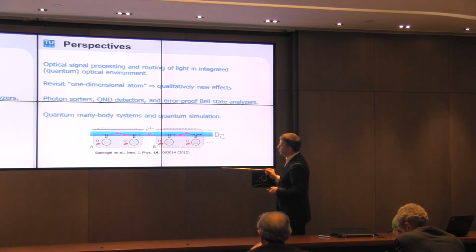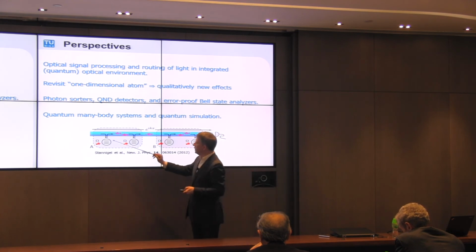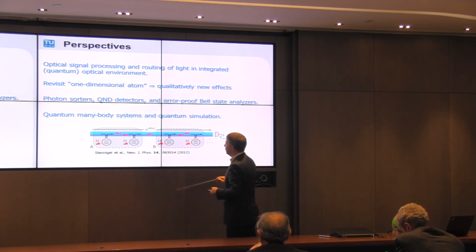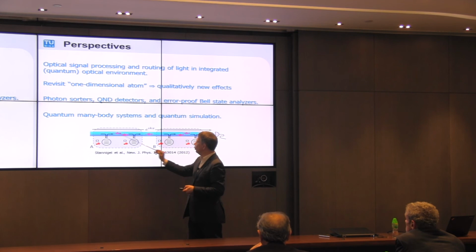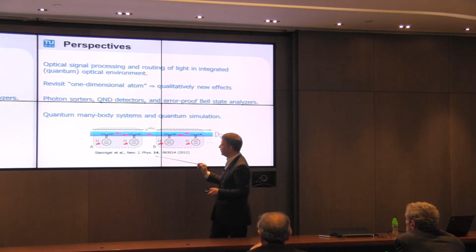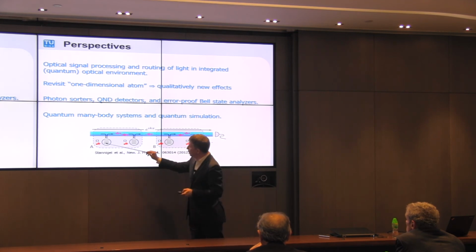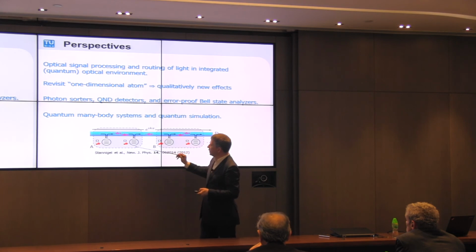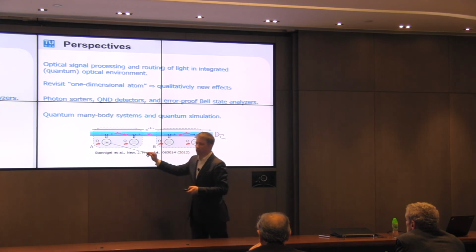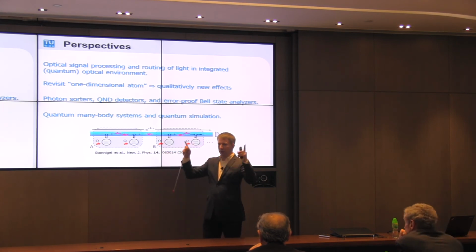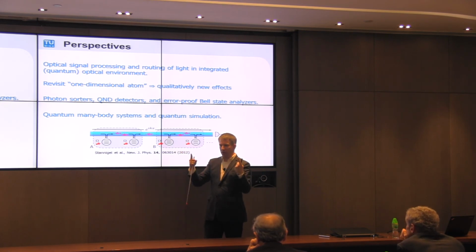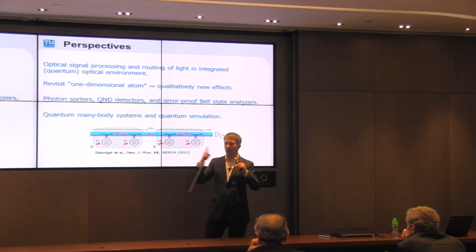And finally, by considering the collective coupling of a number of two-level emitters to a single mode which exhibits spin-momentum locking such that you have chiral coupling, you can actually realize a very strange dipole-dipole interaction. Because in free space, two dipolar emitters will always interact symmetrically, meaning that one acts on the other like the second one on the first.